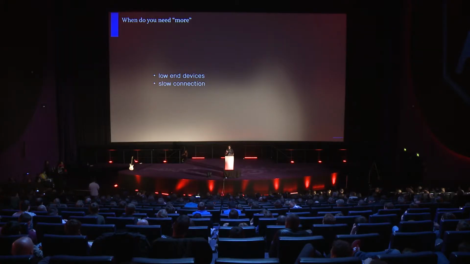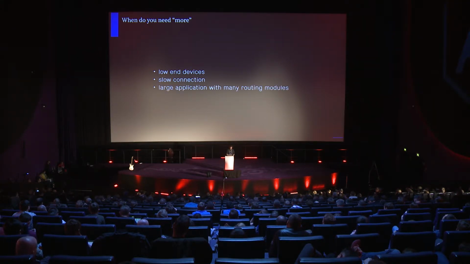You want to just load whatever is needed, because slow connections mean it takes some time to load everything. And of course, the main issue we looked into, large applications with a lot of routing modules.